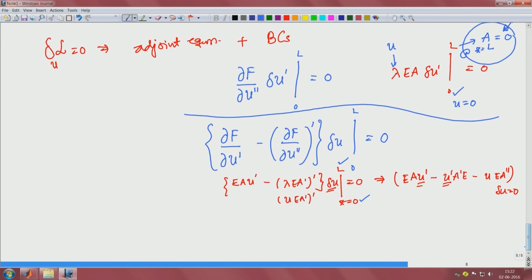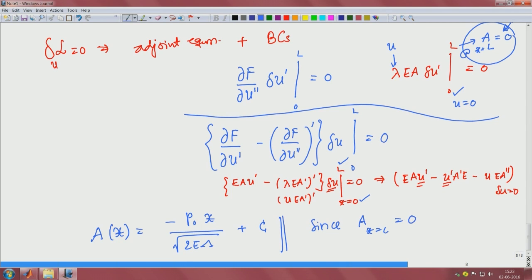So if I were to go back and say what my area profile for this case is, we got minus P naught x divided by square root of 2 E lambda plus C was there, right. Now we got the condition that since A at x equal to L equal to 0, then we can find C. What happens?